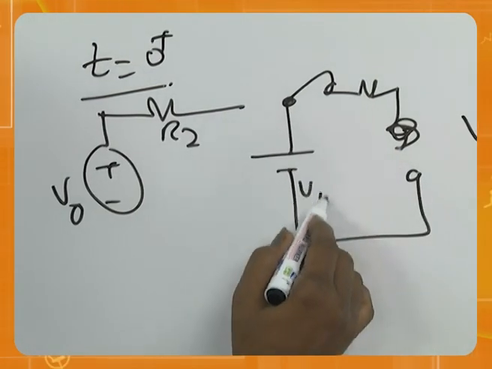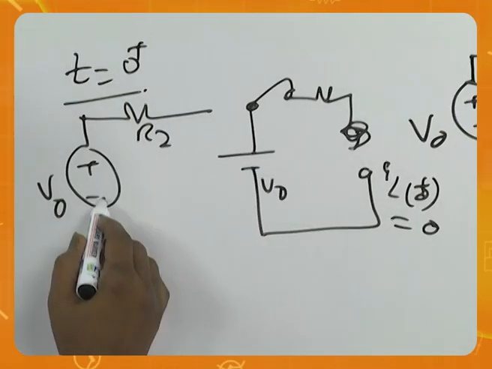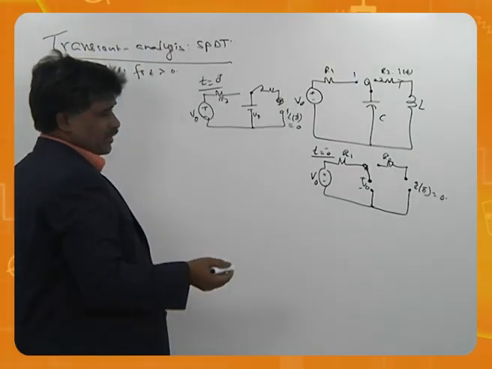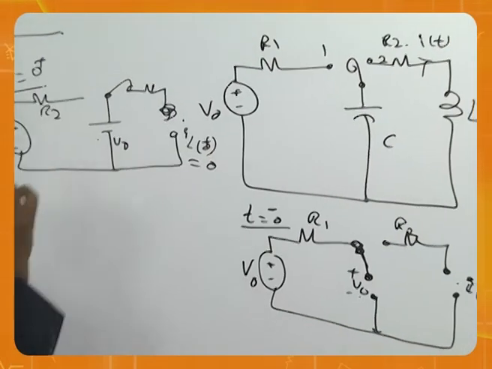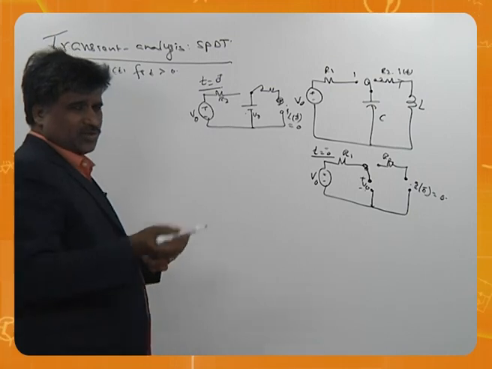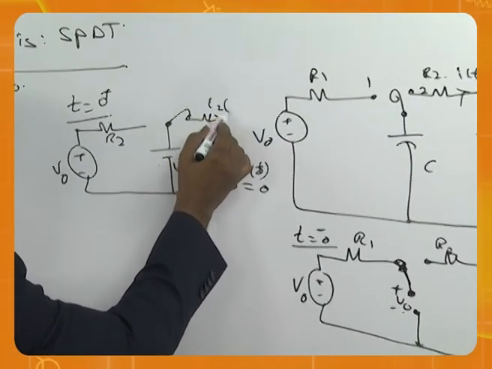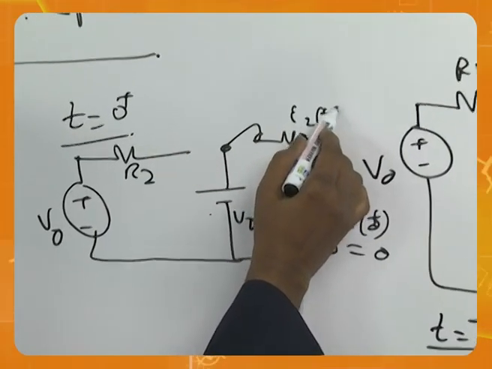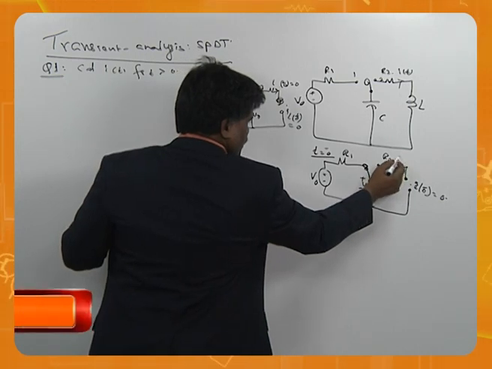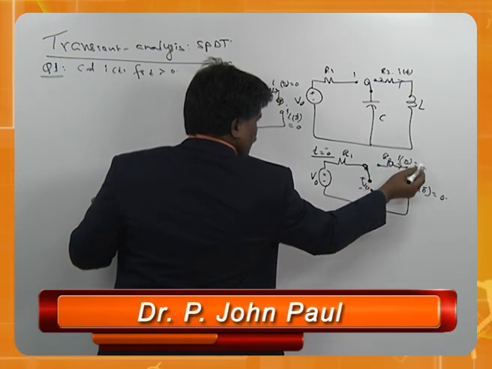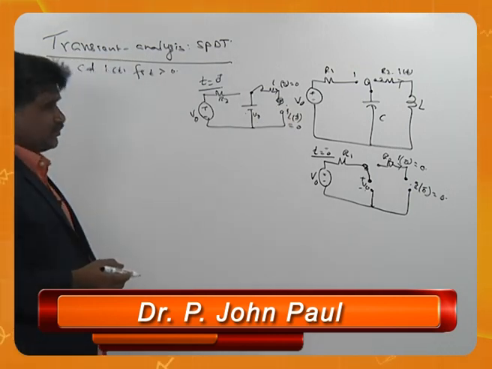This is not changing. iL of 0 plus is also 0. What happened? This current cannot change, this voltage cannot change. That's the whole discussion throughout the chapter. That's why this current is also 0. Here current is 0. i of 0 minus is 0, i of 0 plus is also 0.